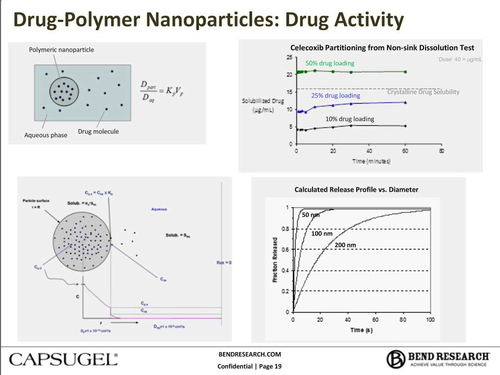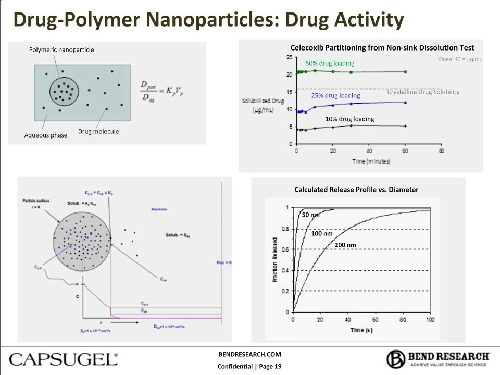One advantage of the drug polymer nanoparticles is the higher and adjustable drug activity relative to crystalline solubility. So the physical model that describes pretty well the drug activity is a partitioning of drug between the polymer matrix and the aqueous use environment, as shown in the schematic in the upper left of this slide.